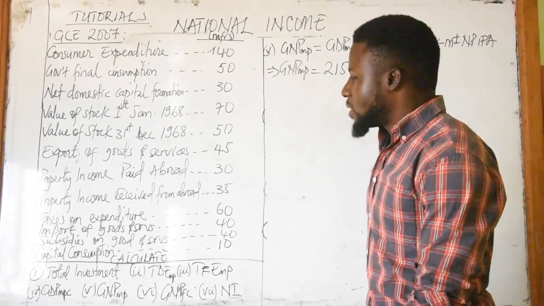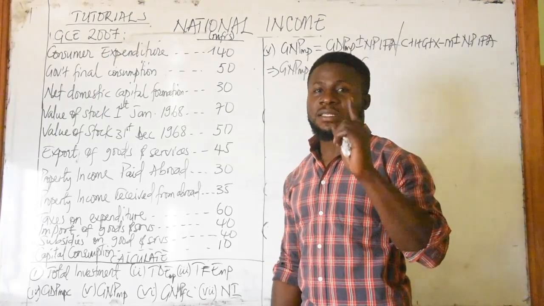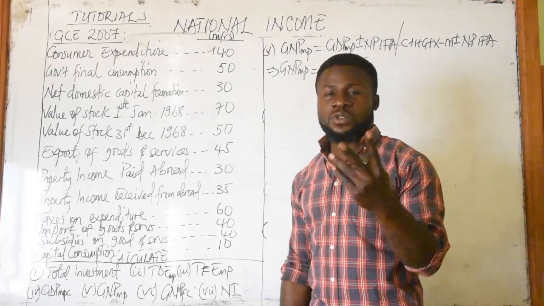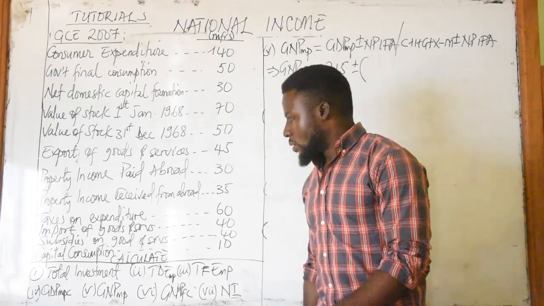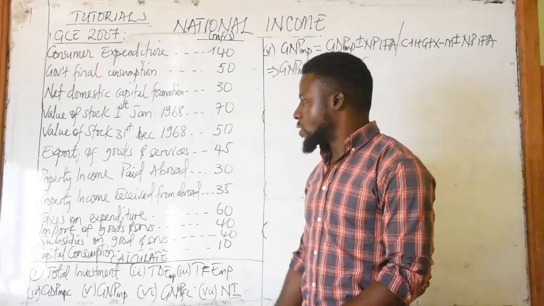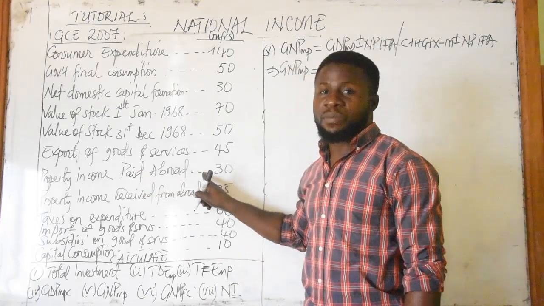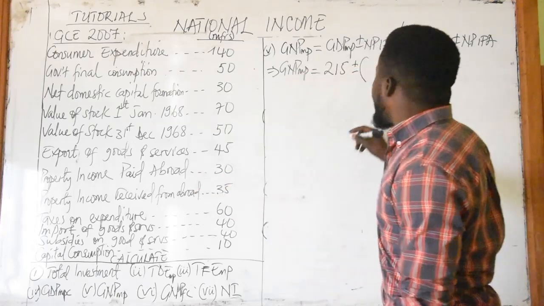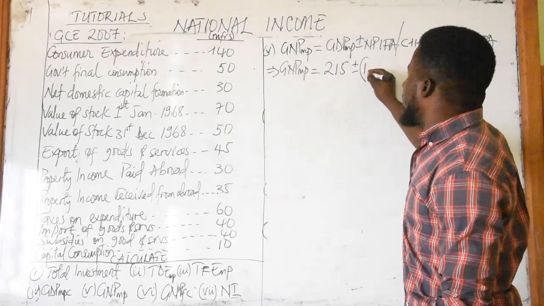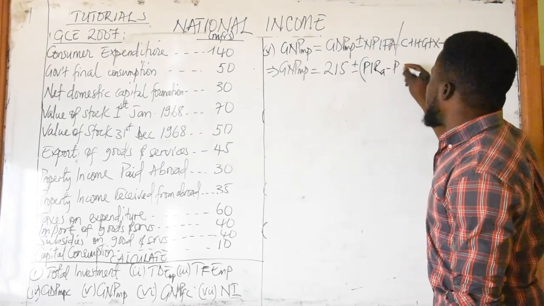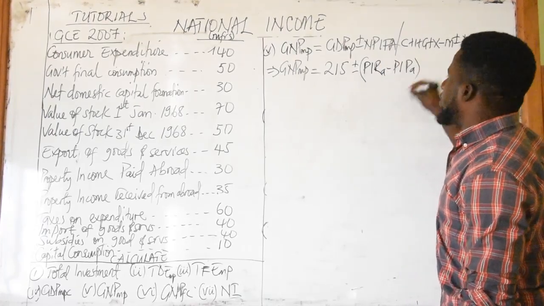Now, our net property income from abroad has not been given as one figure. They have separated it into two. We have property income received from abroad to be 35, and we have property income paid abroad to be 30. So what we are going to do is, remember we say the formula is property income received from abroad minus property income paid abroad.